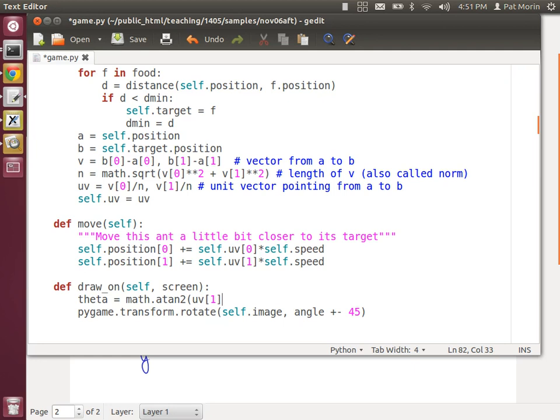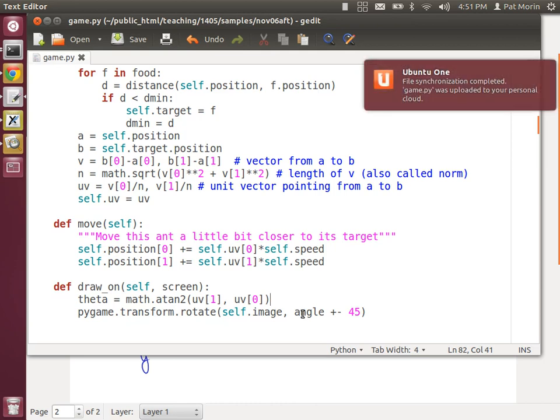We want some angle, we'll call it theta, equal to math.atan2 of the unit vector's y coordinate and the unit vector's x coordinate. All right, we're golden. So we have this angle theta.